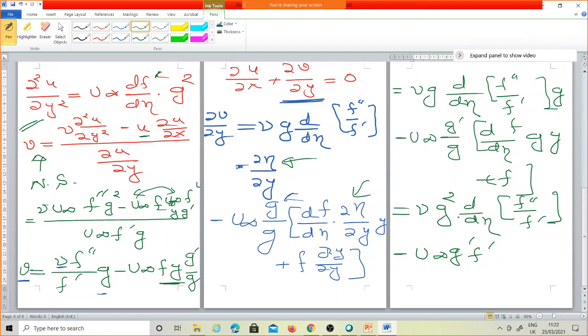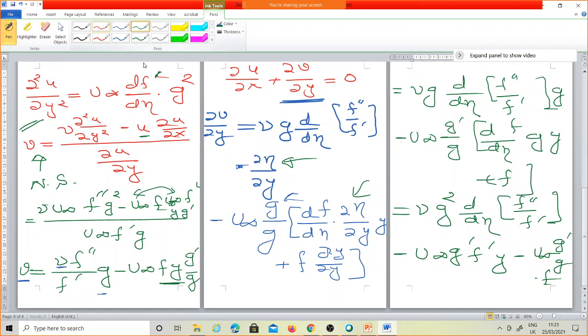And then we have g prime, g cancel out, we have y, and then minus, so we have to multiply minus plus minus, then u infinity g prime by g multiplied by f. There is an f here, right?